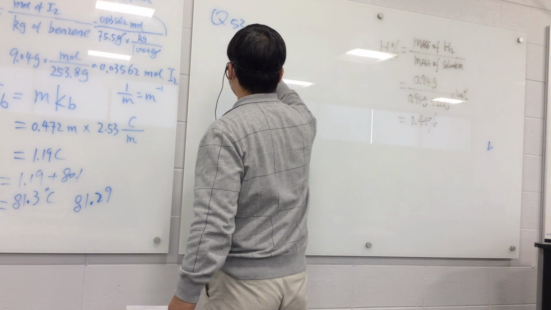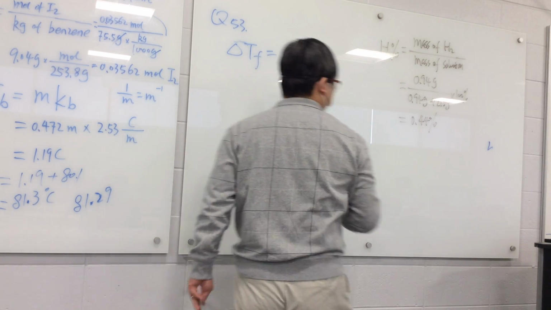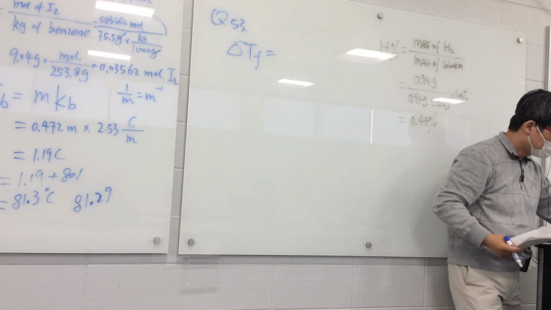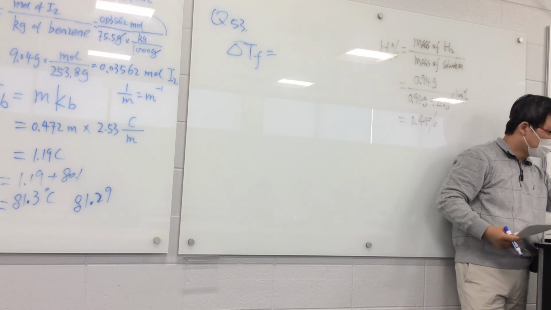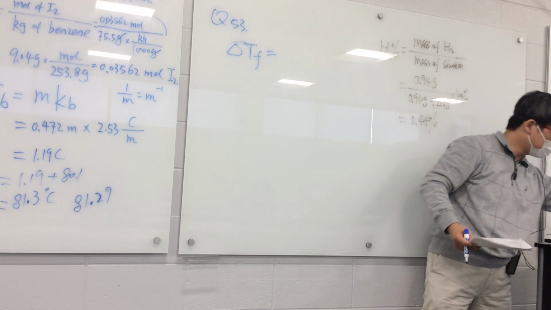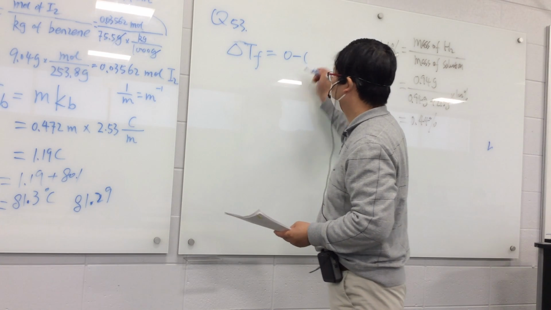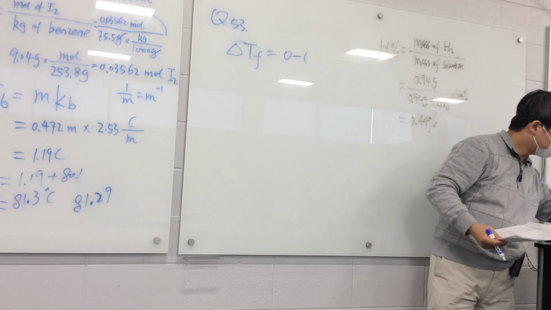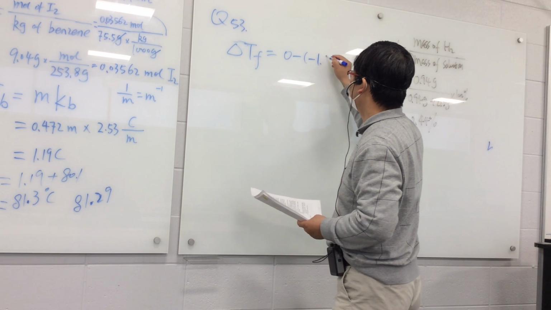So the delta TF equals how much? Delta TF equals the freezing point of pure water, which is what? 0 Celsius degrees, right? You see that? 0 Celsius degrees minus the freezing point of the solution, which is minus 1.94.